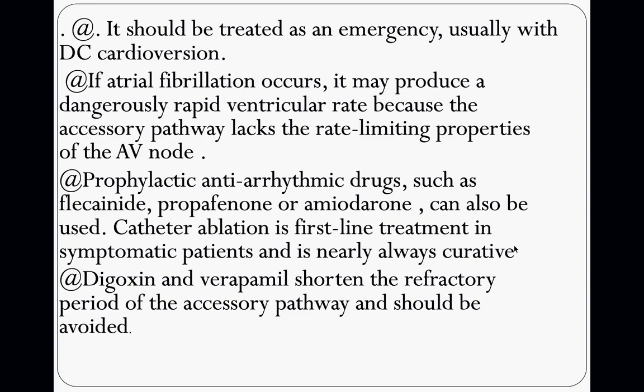It should be treated as an emergency, usually with DC cardioversion. If atrial fibrillation occurs, it may produce a dangerously rapid ventricular rate because the accessory pathway lacks the rate-limiting properties of the AV node.